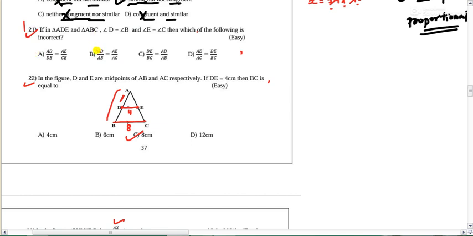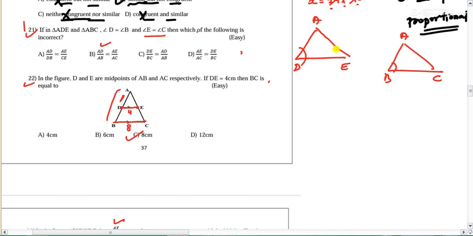B. Okay, so one of the answers is B. What they are telling is, in triangles ADE and ABC, angle D is equal to B and angle E is equal to C. Then which of the following is incorrect, they are asking.